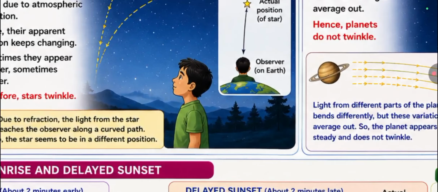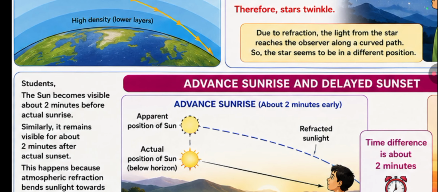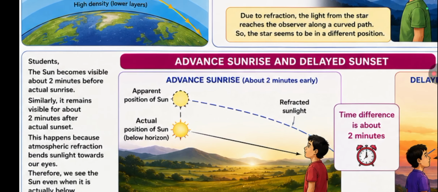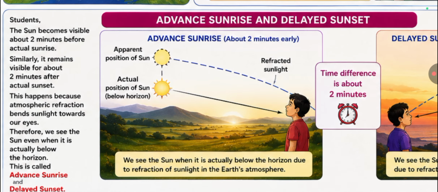Now, here we have to learn about advanced sunrise and delayed sunset. Students, the sun becomes visible about 2 minutes before actual sunrise. Similarly, it remains visible for 2 minutes after actual sunset.